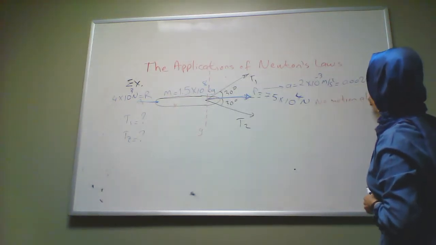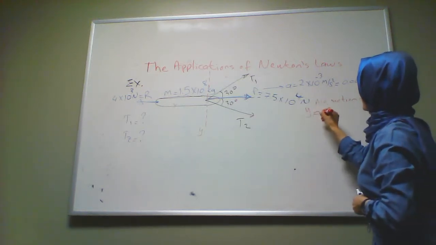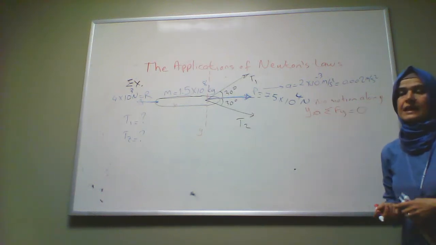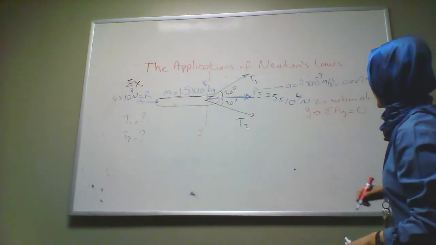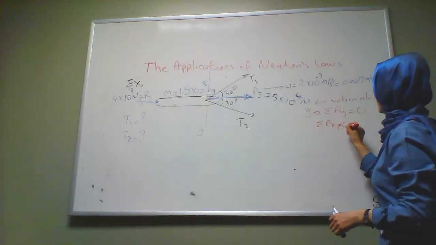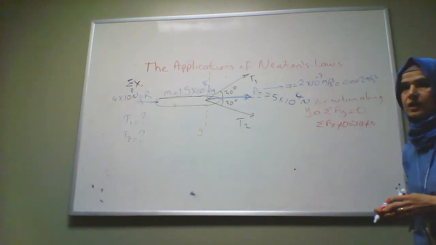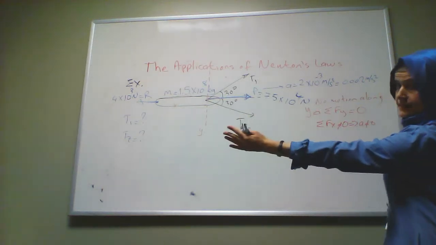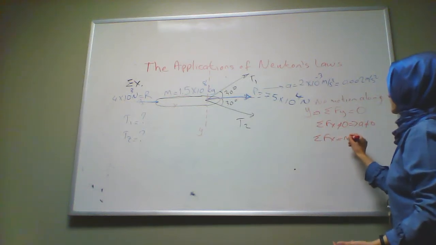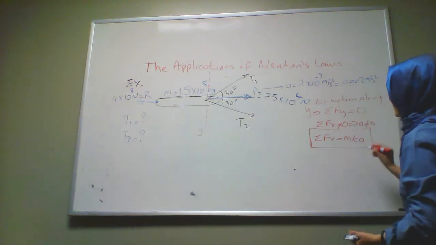tells me that total Fy is equal to 0. The fact that there is motion along x means total Fx is not equal to 0, and along x we have an acceleration that is not equal to 0. To deal with the x motion, we say total Fx is equal to m total times a, and so for everything we needed.